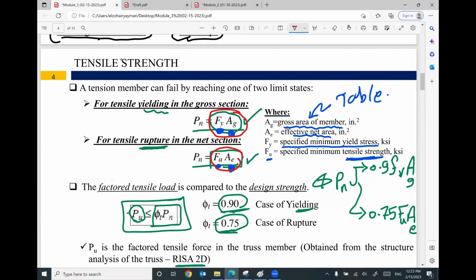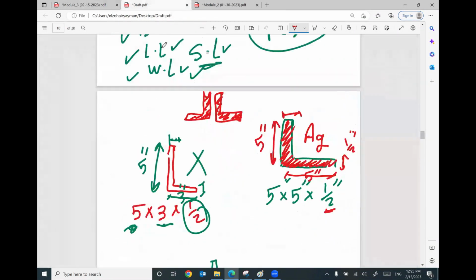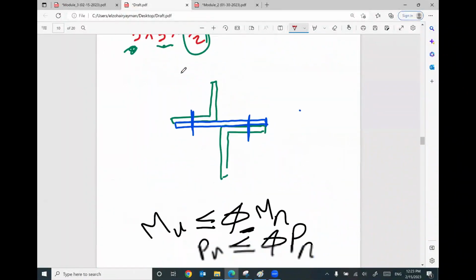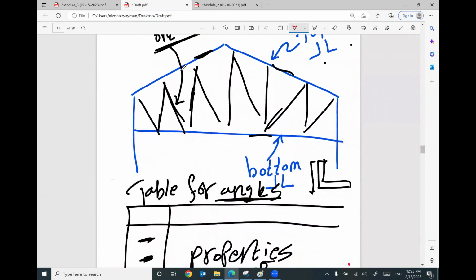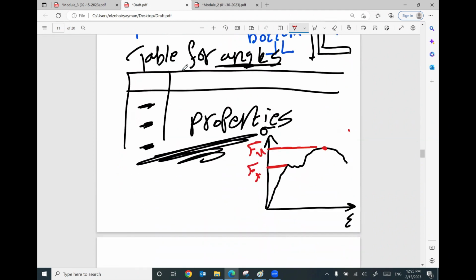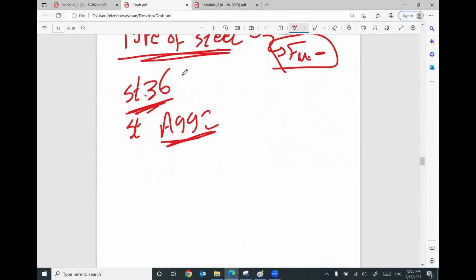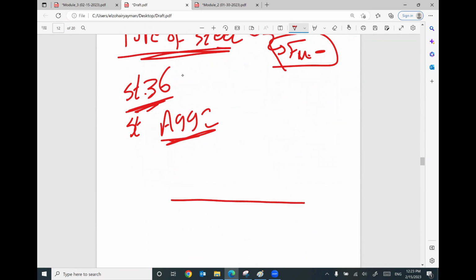The first case is talking about the member of your truss, this member. At this location, we will have a connection with another member. At this location, we will have a connection with another member.